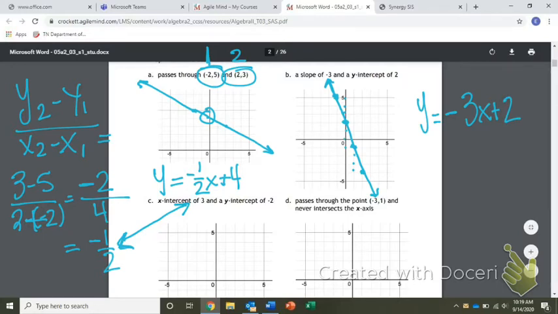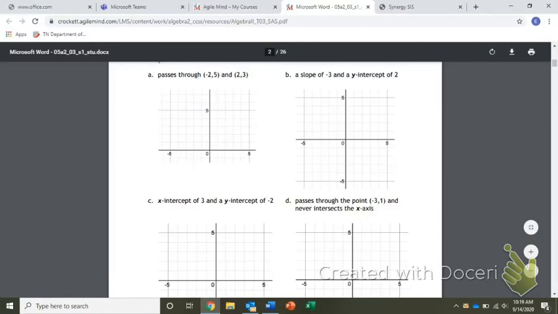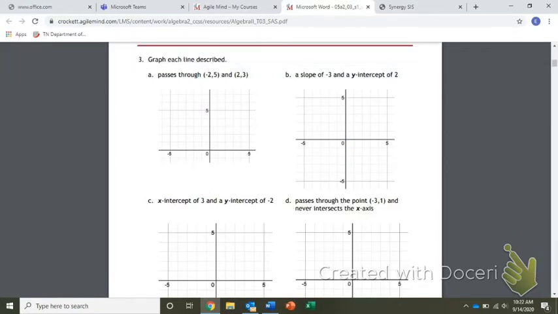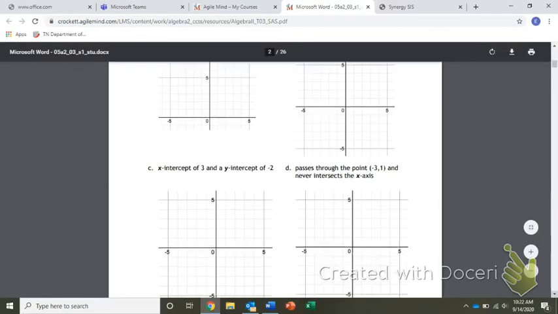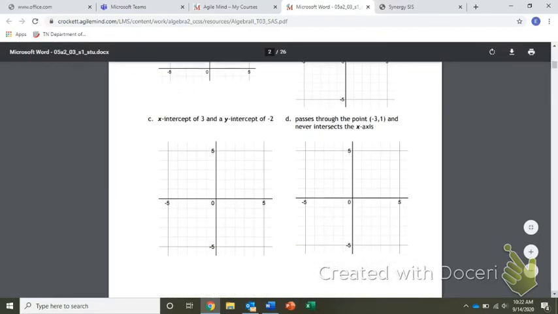Remember, you can pause this video anytime you need if I'm going too fast. Alright. I want to go down just a little bit. Okay? Now, this says it has an x-intercept of 3. So what that means, instead of it crossing on the y, it's crossing on the x. So, 1, 2, 3. Okay?